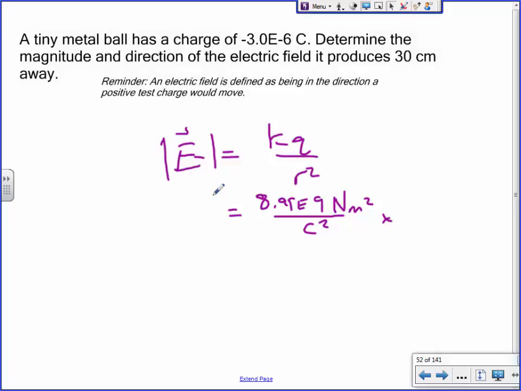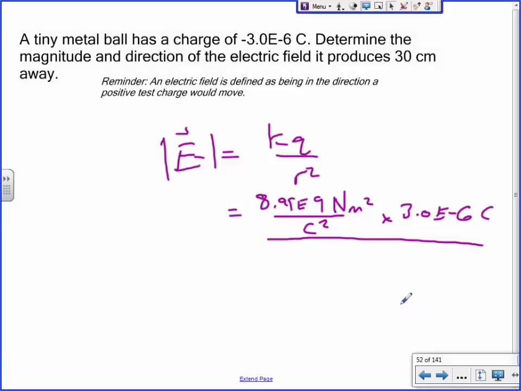However, on this one, the reason we throw an absolute value around it is because I don't really care whether it's negative or positive. We'll figure out the direction later. So even though it says negative 3 times 10 to the minus 6, just make it positive 3 times 10 to the minus 6, and we'll get to that negativeness in a bit.